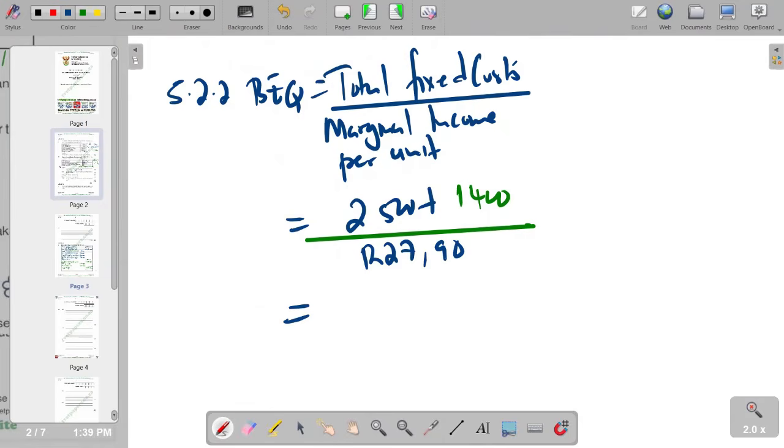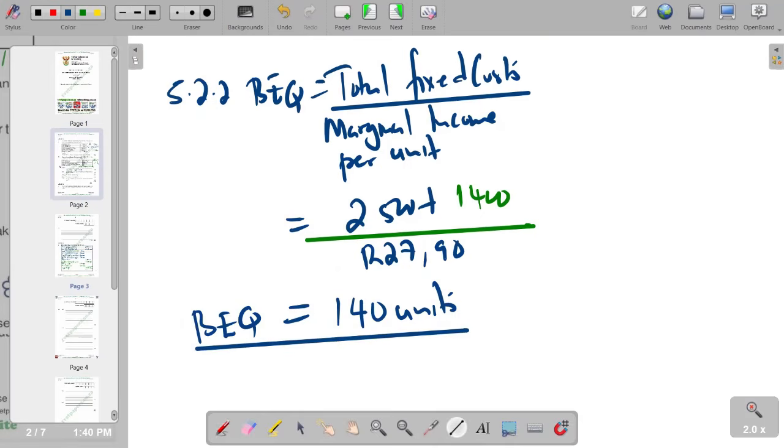When you add and divide, we get 140 units. To the nearest whole number, 140 units is the break-even quantity. So this becomes your final answer. So that's what we have on 5.2.2.